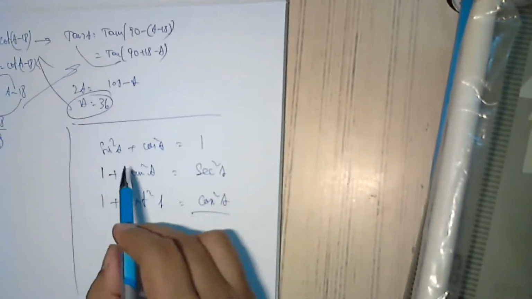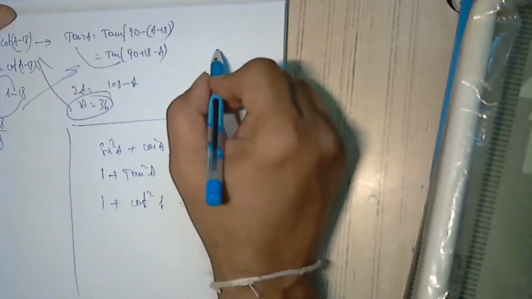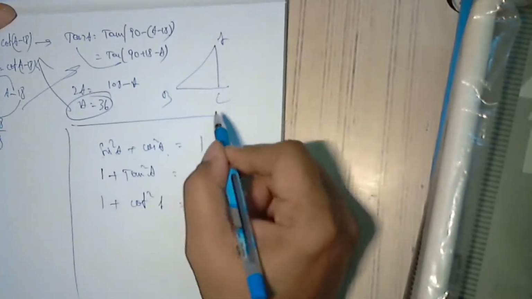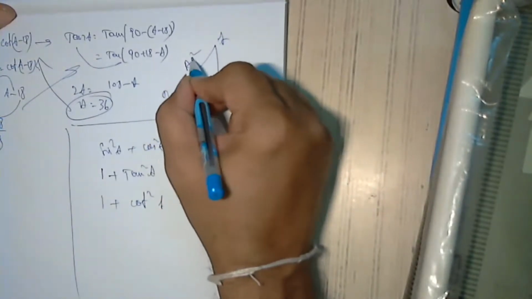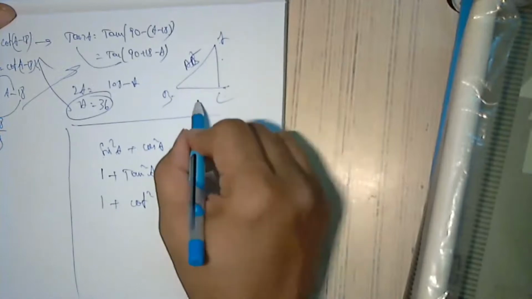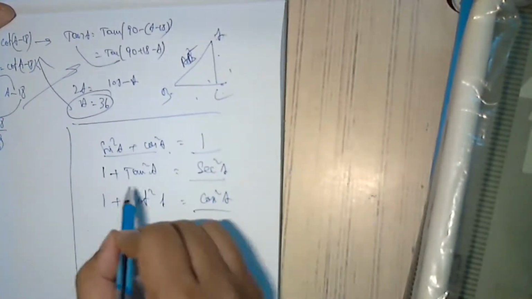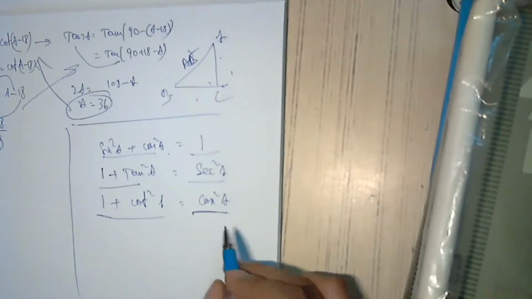Remember, sin A plus cos A is not 1. Sin square A plus cos square A only is 1. Because in our triangle ABC, AC square plus BC square is equal to AB square. So the squares are equal. So sin square A plus cos square A. Similarly, secant square is 1 plus tan square A, and 1 plus cot square A is cosecant square.